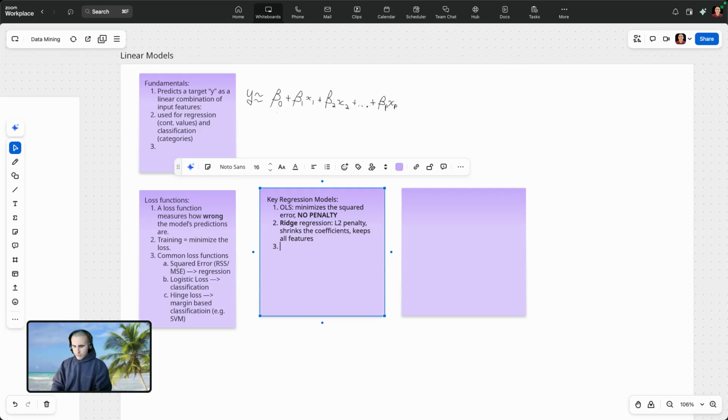So ridge regression, L2 penalty, shrinks all the coefficients but keeps all the features. And that's different than lasso regression. Lasso regression, L1 penalty. L1 penalty forces some of the coefficients to go to zero. This can also be called feature selection, right?